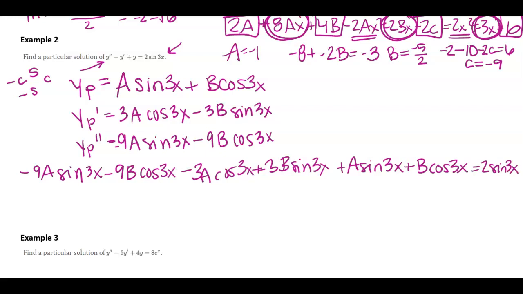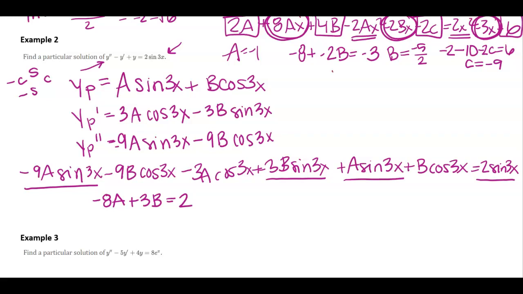Okay, so let's figure out what's in front of my sine here. So I have this one, and that one. So when I combine some like terms, I end up getting that -8a plus 3b must give me 2, because that's my coefficient in front of sine. Well, there's nothing I can really do here.